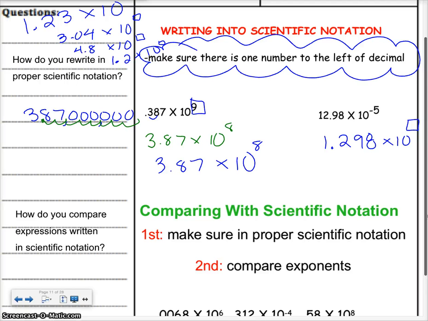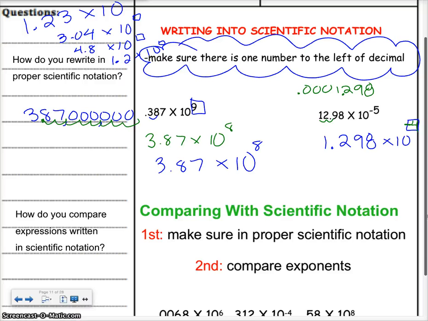You could go the long way. You could move the 5 spots to the left: 3 placeholder zeros, then 1298. So I would need to go 4 to the left. That's the expanding, the longer way.